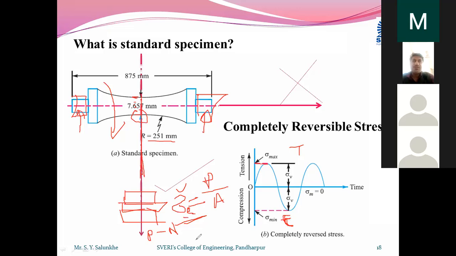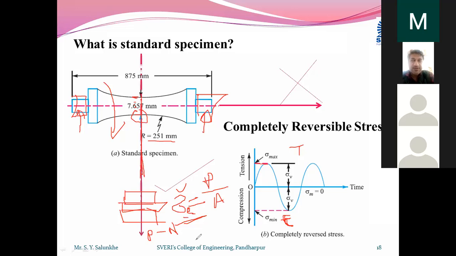Now you may ask the question, sir, what will happen if we increase that particular stress above the endurance limit? Definitely it will sustain some amount of cycles. If you go on reducing that stress, the number of cycles will go on increasing. And if you increase that stress, the number of cycles that component is going to sustain will get reduced.